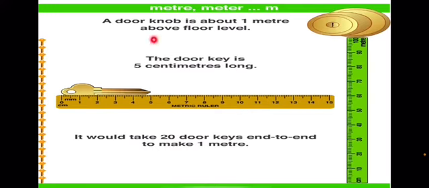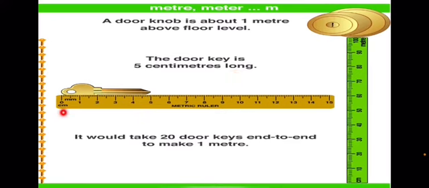A doorknob is about 1 meter above floor level. The door key is 5 centimeters long. Remember that 100 centimeters is equal to 1 meter. From the ground, we have kept our scale on 0 and we are going right up, and it is 100 centimeters or 1 meter. Now the door key is 5 centimeters long.